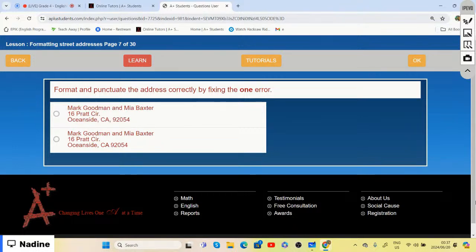We need to fix one error. We need to only find and fix one error. It says option one or option two. Which one is correct with no errors? Because where we find the error, that one is not correct.